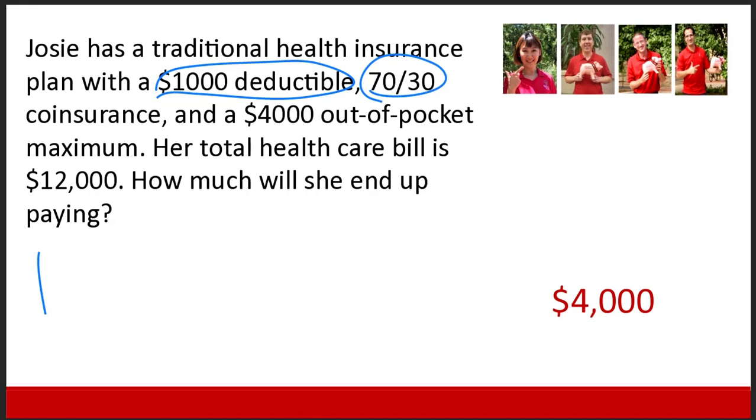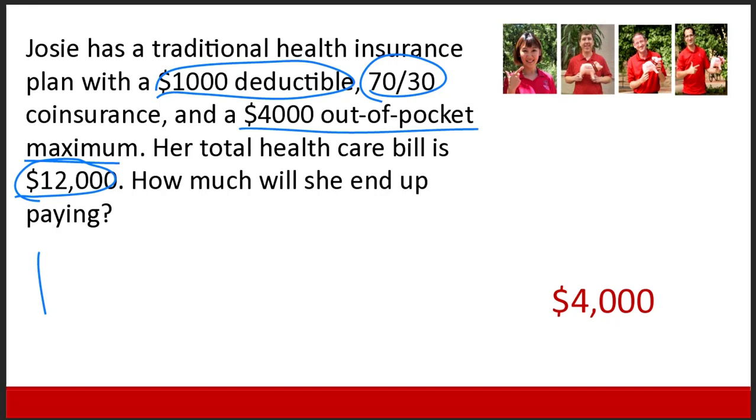And there is a 4,000 out-of-pocket maximum. So this is the policy in the health insurance. Now her total health care bill is 12,000. This is the number we will start from.